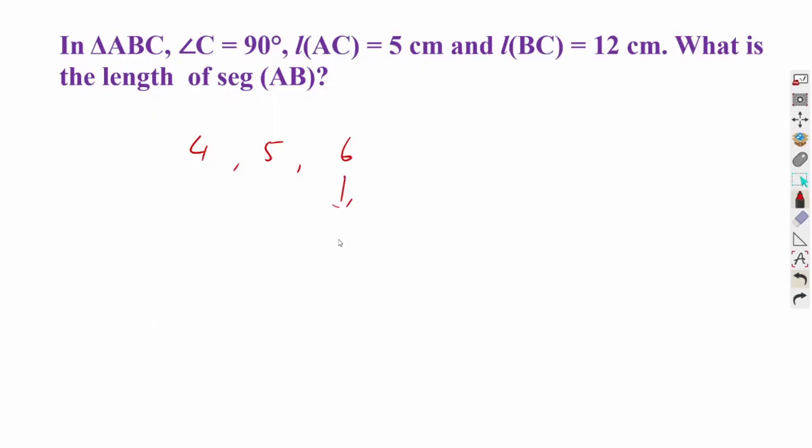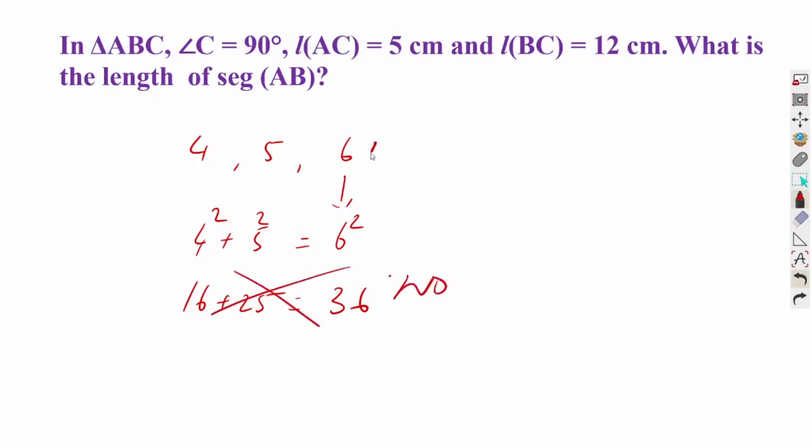The longest will be the hypotenuse, so we write 6 square is equal to 5 square plus 4 square. Is it right? 16 plus 25 is equal to 36? No. So this is not a Pythagorean triplet. Understood?